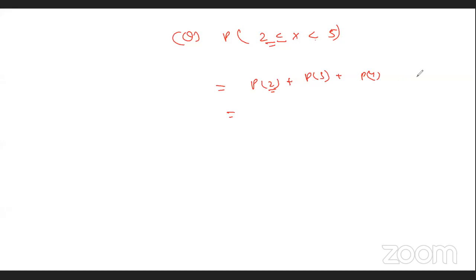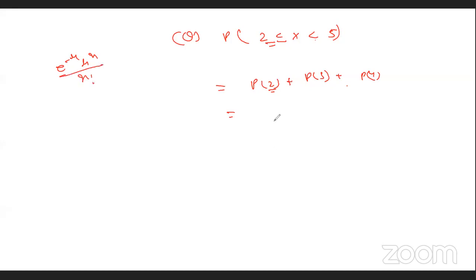As simple as that. If someone asks what is the probability that a person will sell more than or equal to 2 and less than or equal to 5, in that case for sure I would have considered 5 as well. Here we find the probability of 2, 3 and 4. The formula is the same, based on the Poisson distribution: e to the power minus mu, mu to the power x, divided by x factorial.